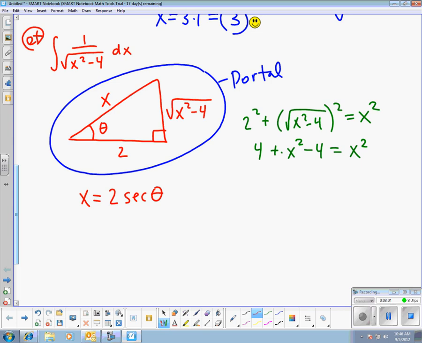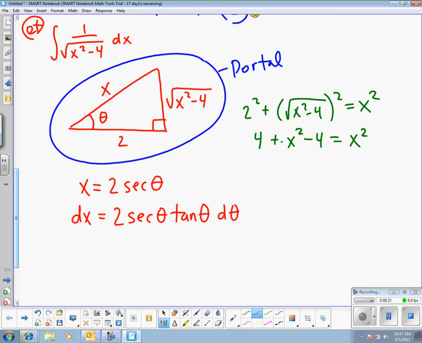Once you choose x, figure out what dx is. The derivative of 2 secant theta is 2 secant theta tan theta d theta. How do I know that's true? Because I knew what x was, because I made up the rules for what x was. And my other leg of the triangle, the square root of x squared minus 4, is equal to 2 tangent theta, for a similar reason.